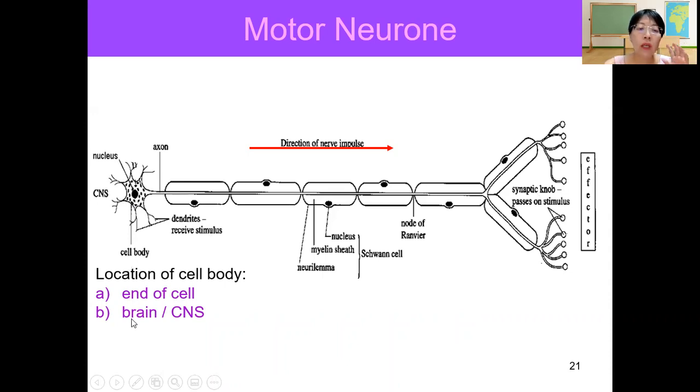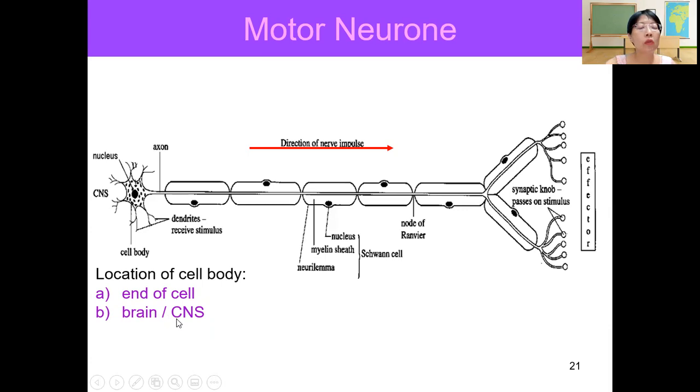With respect to the body, it is located either in the brain. If you want to send a message from your brain to your body to do something, of course, it's sent through the motor neuron. So this motor neuron will start from your brain. But if you're trying to send a message in a reflex arc, then it will start from your central nervous system. It will start from your spinal cord. So the cell body of the motor neuron can be located in your brain.